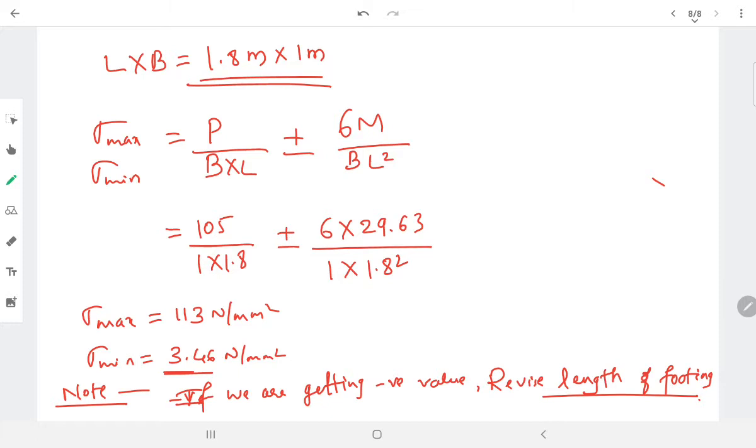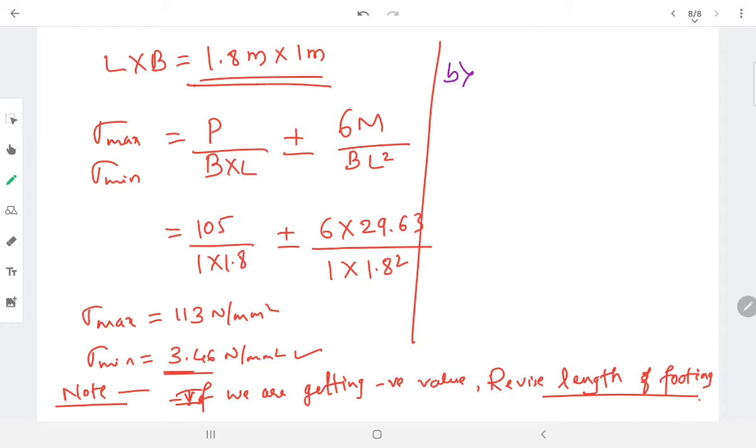Revise the length of footing. This value should not be negative. Right now in my case this is 3.46 and it is positive. No need to revise any length here. So the final values are 1.8 by 1 meter only.